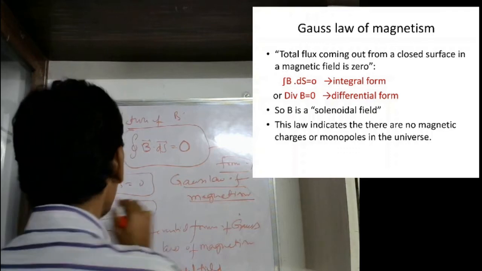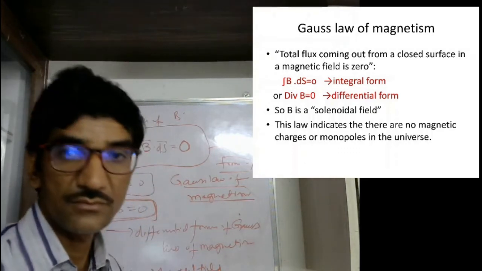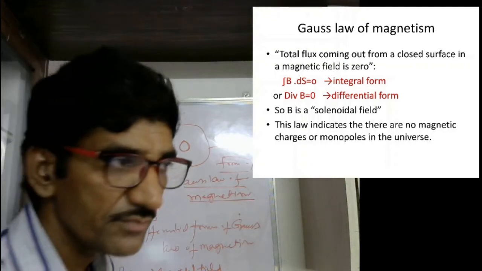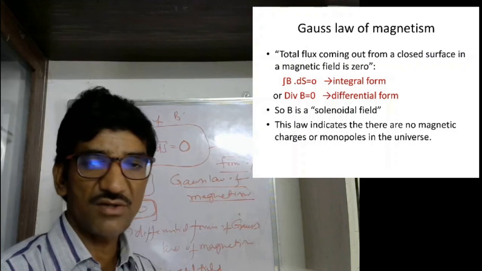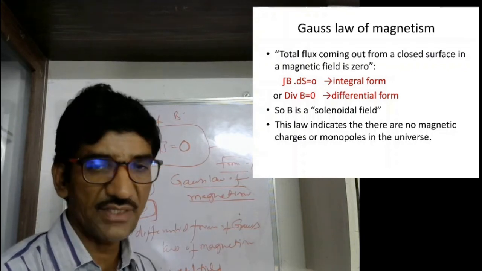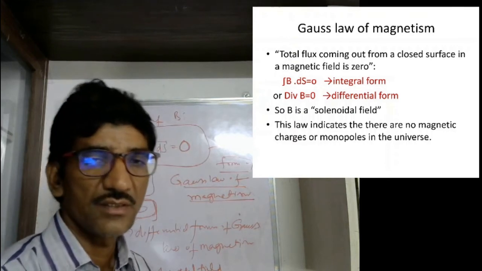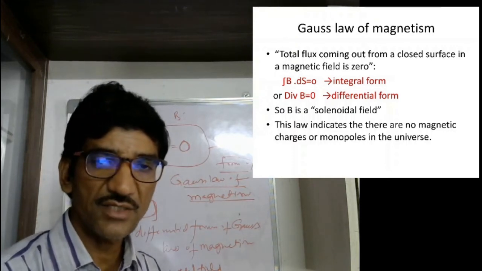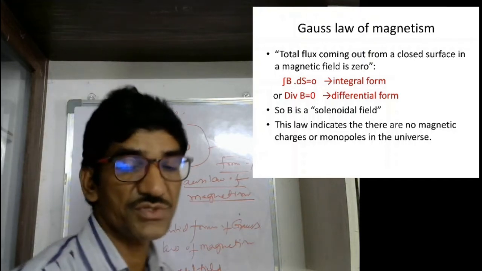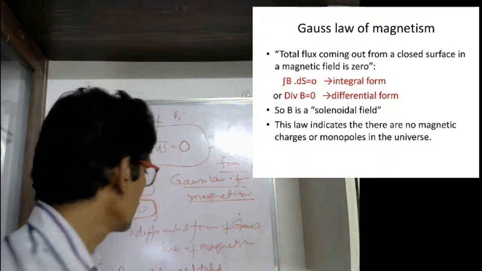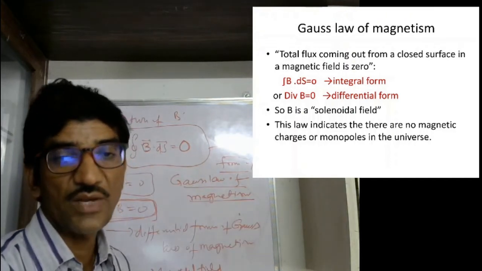What is the importance of this Gauss law of magnetism? In electrostatics, Gauss law will give you the electric field of the source of that field. That means it expresses the electric field in terms of the source charge. But here, on the right hand side, we have 0.